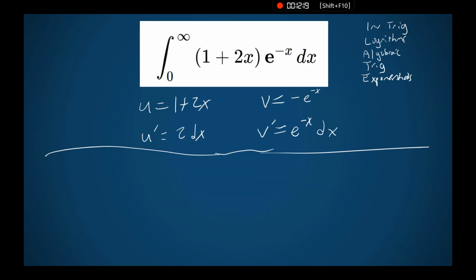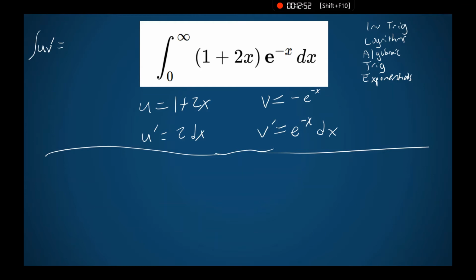Okay, so then I'm going to plug into our formula. What's my integration by parts formula? The integral of u v prime should be equal to what? One plus 2x times e raised to the negative x.